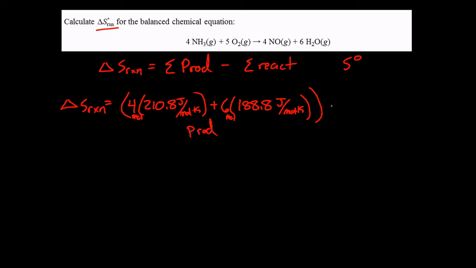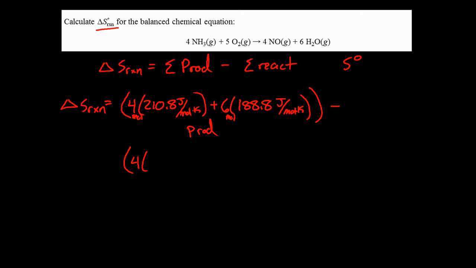Just because I'm going to run out of space here, I'm not going to try to fit the reactants in here. Actually, no, I won't be able to fit those in. So I'm just going to go down to the next line here, but if I had the space, I would put it right up here. So these are going to be the reactants down here below. So for my reactants, I have 4 times the number for ammonia, ammonia, not ammonium, ammonia.